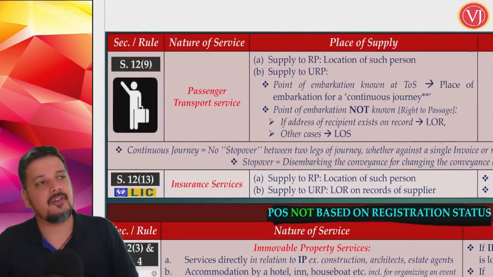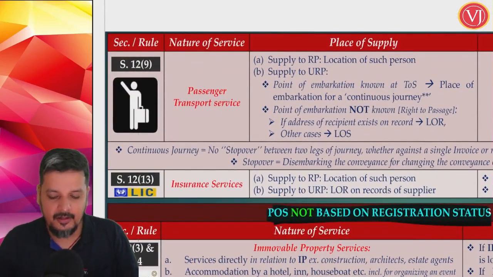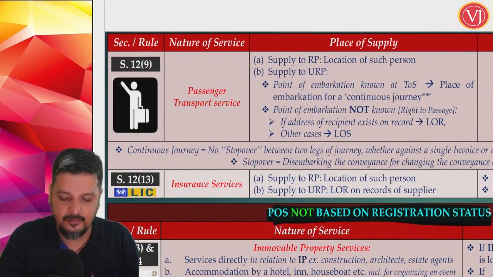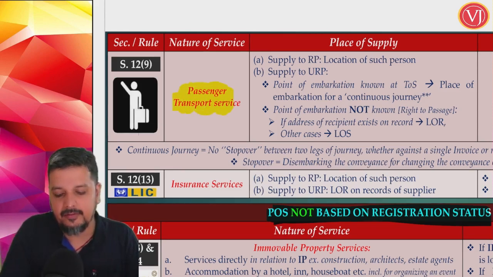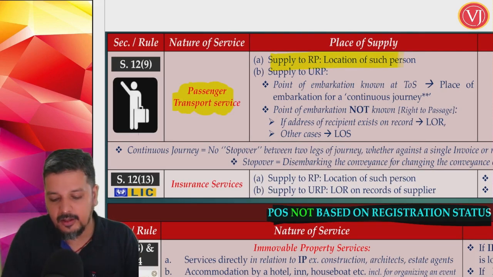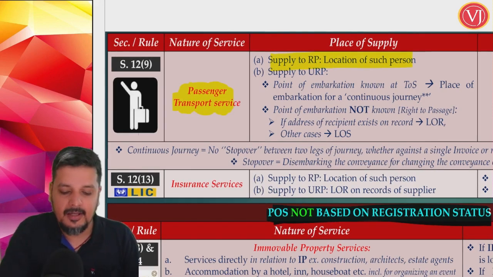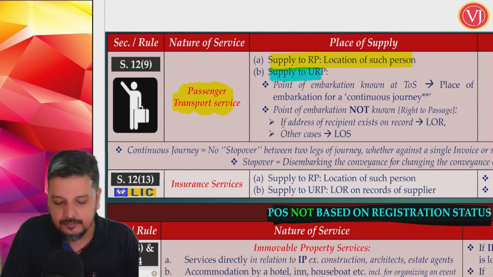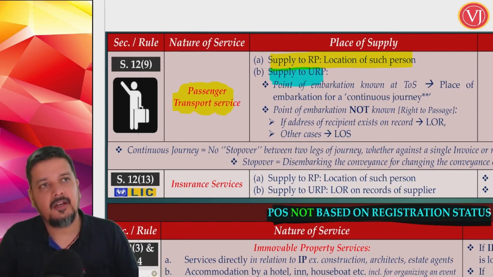Passenger transportation services. When you talk about passenger transportation services, again, life is very simple. If it is B2B, location of registered person. If it is B2C, now B2C has got two parts.